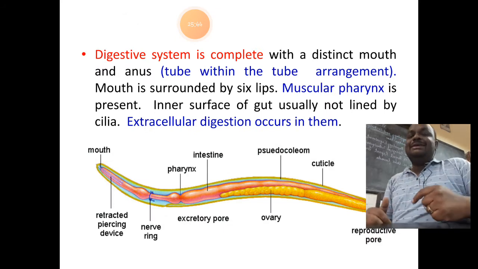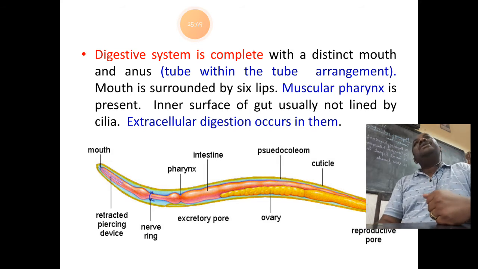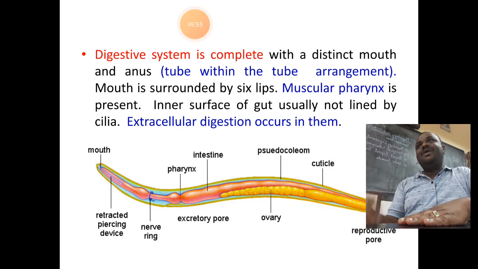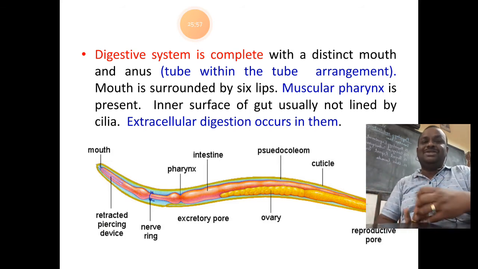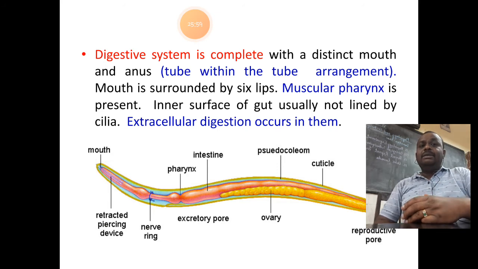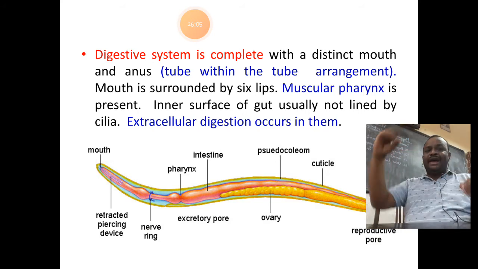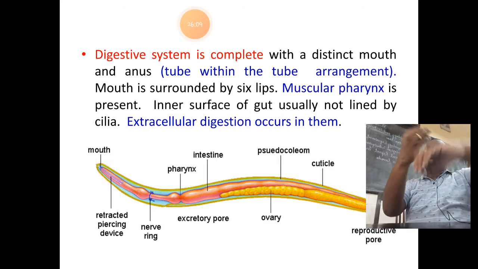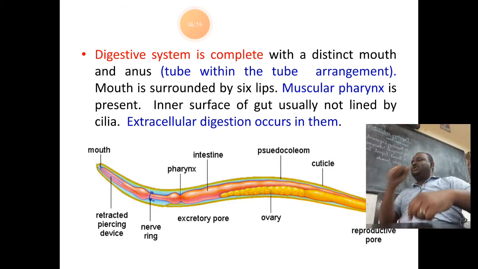Coming on to the next important system called the digestive system. Students, remember, the digestive system here is called complete. It has a distinct mouth and anus at the two ends, anterior and posterior sides. The digestive system of the organism is tubular, it is tube-like. When we look at the organism outside, it also appears cylindrical or tube-like.